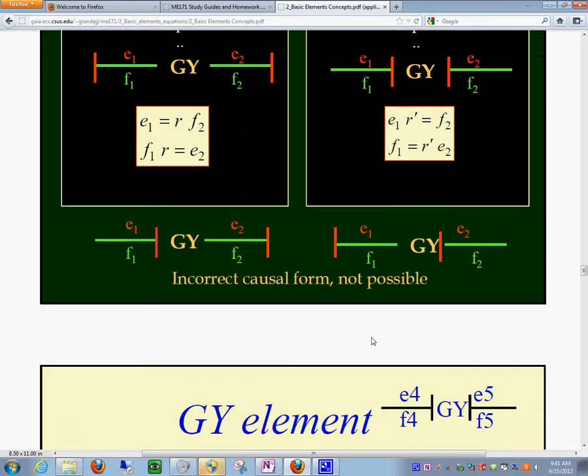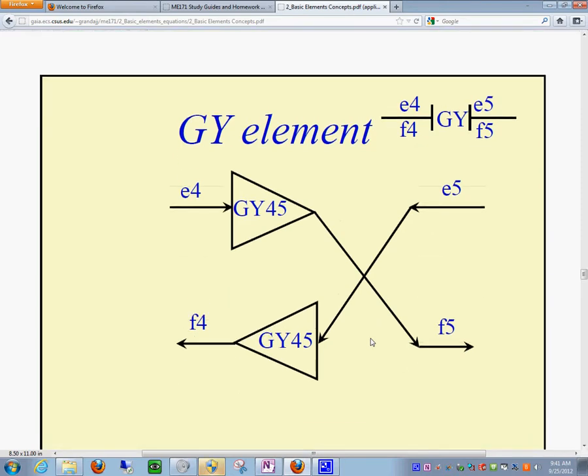If you look at it in the block diagram way, the fact that an effort relates to a flow, or that this effort relates to this other flow in the other way, makes the signals cross like this. So in fact, in many books you will find that the gyrator is called a cross transformer.